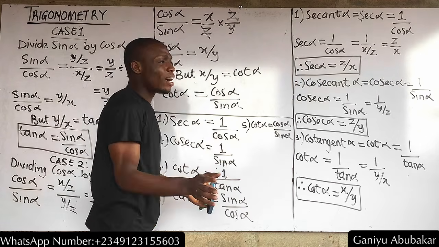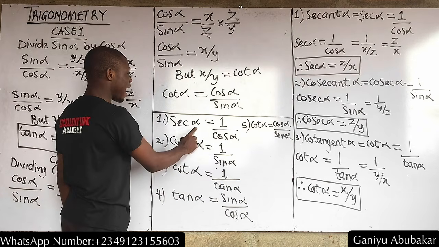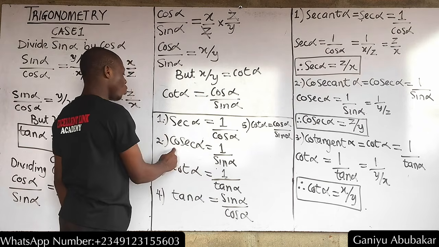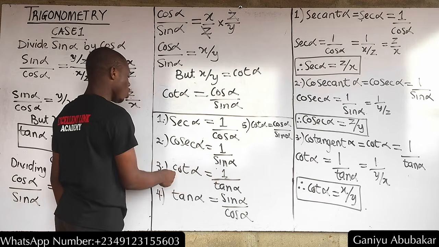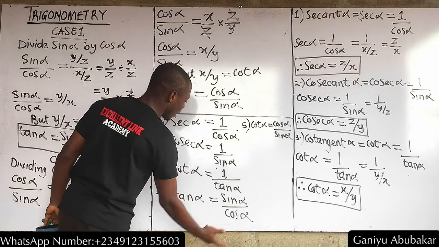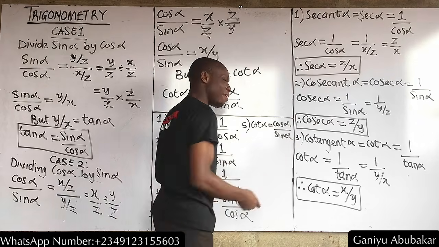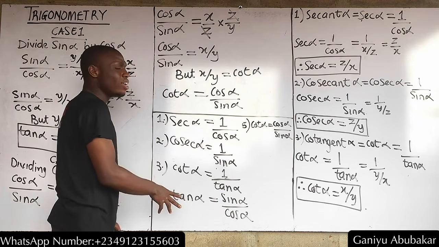Sec alpha is 1 over cos alpha, cosec alpha is 1 over sin alpha, cot alpha is 1 over tan alpha, tan alpha is sin alpha over cos alpha, cot alpha is equal to what? Cos alpha over sin alpha. That's just it.